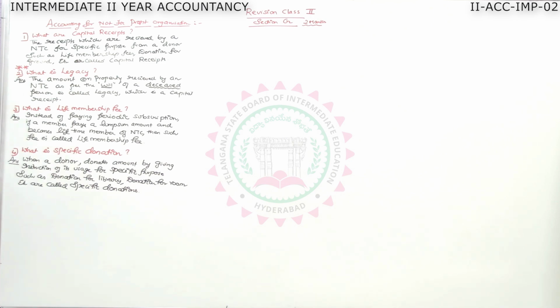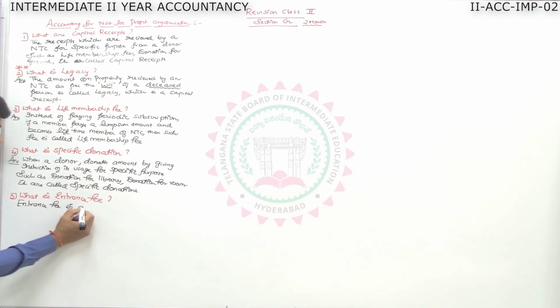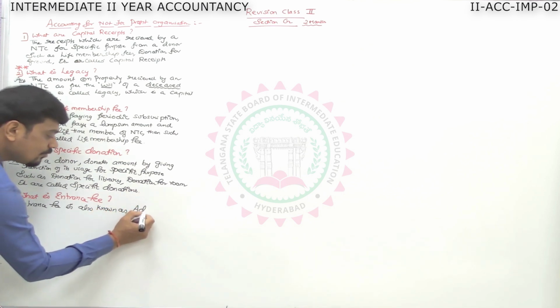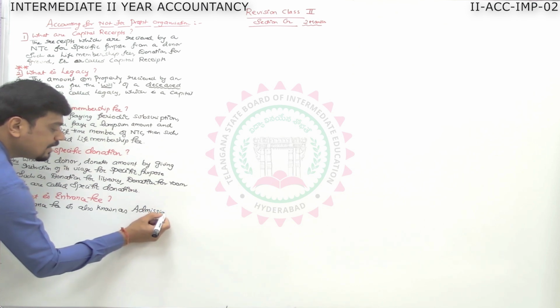Like that, we can expect the questions from this chapter also. Then next, what we can expect? Then if the question is, what is entrance fees? This is also expected one. Then the answer for entrance fee will write like, entrance fee is also known as which fee? The other name is admission fee.